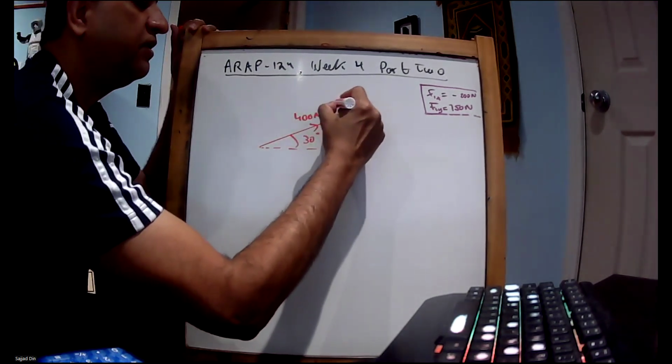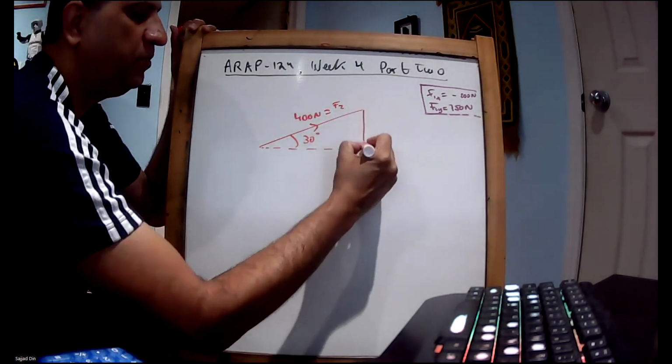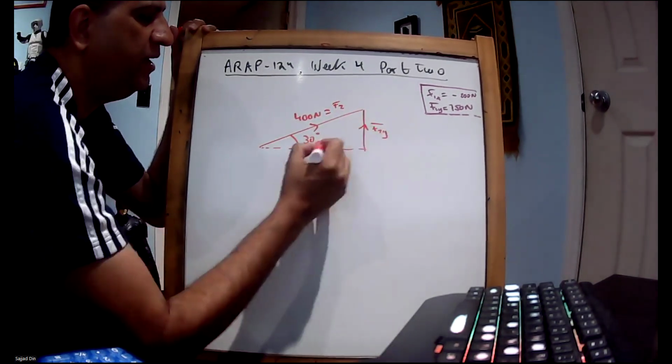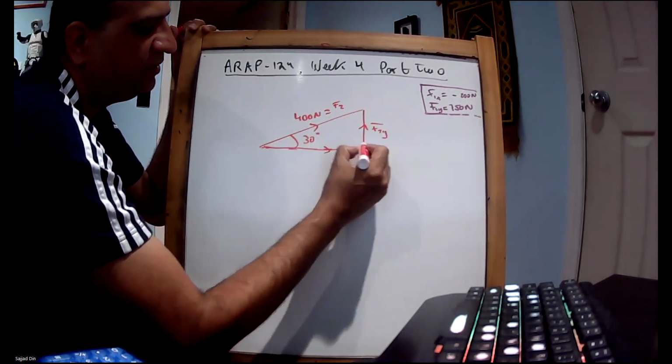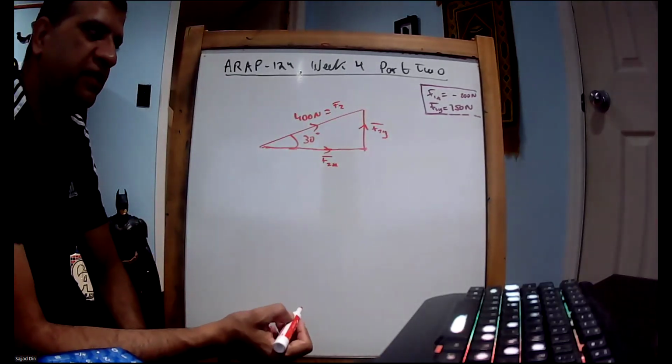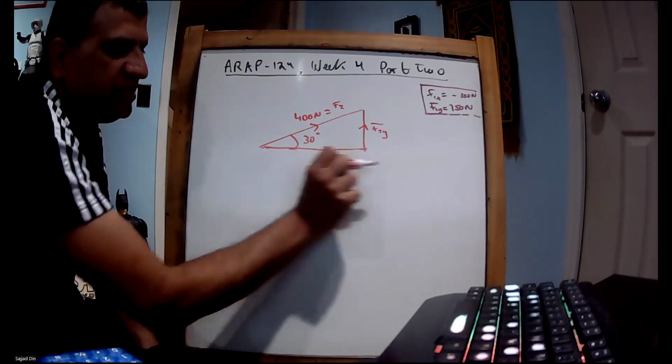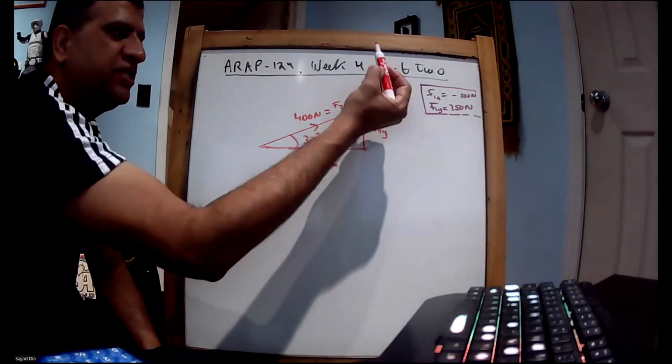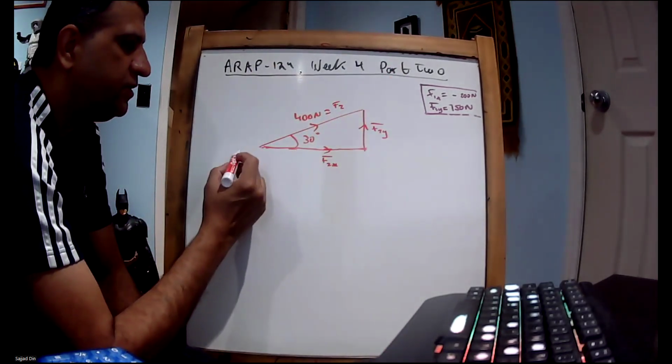We will call this F2. And this will be F2y. This will be F2x. We can already look at this and say, well, F2x is in this direction, stays positive. F2y in this direction stays positive.